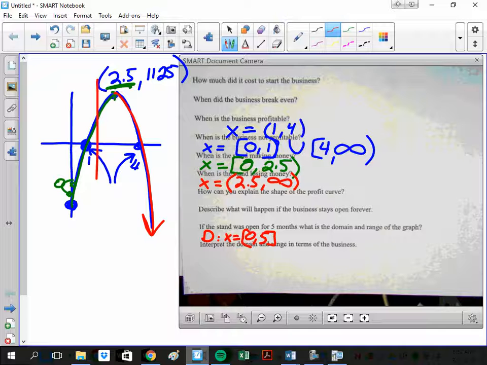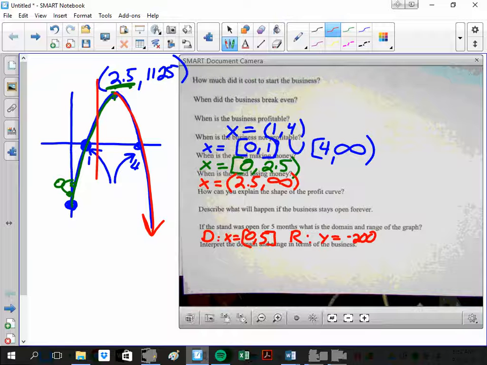Okay. And then the range, in that same time frame, what are all possible y values? 2.5 is an x value. Negative 2,000 would be the lowest y, and the highest y would be 1125. So the range is y equals negative 2,000.